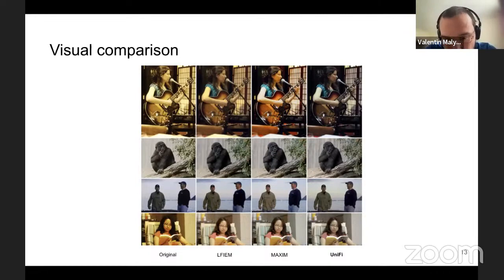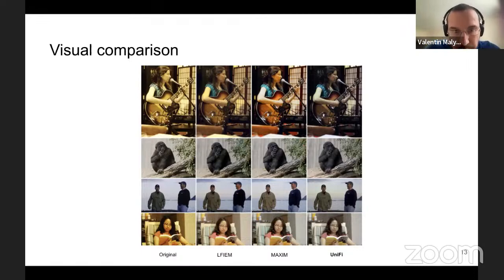But if we look at the Maxim output, we can see that it is much more yellow, or maybe orange, than the others. It's more natural than the original, but it's more orange. It's like a television picture, so it's more orange to be better visualizable, but maybe it's not really that good for naturalness.